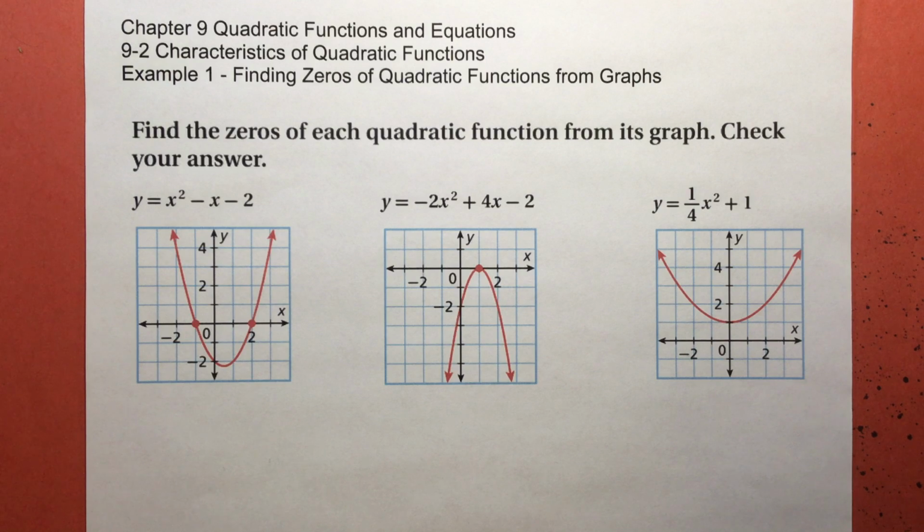In this section, we're going to be talking about characteristics. A characteristic is something that describes an object or a person. If we're talking about a person, a characteristic would be like what color eyes they have, what color hair they have, how tall they are, all these things that describe them.